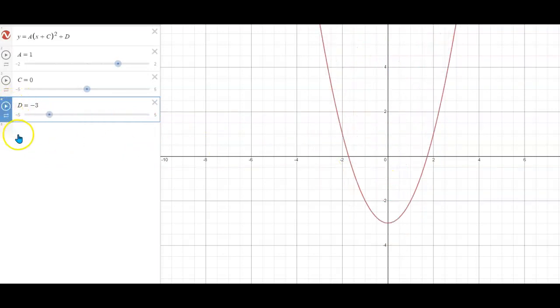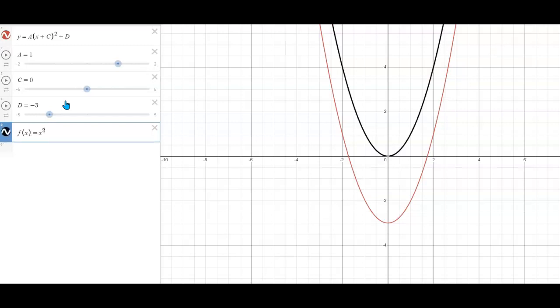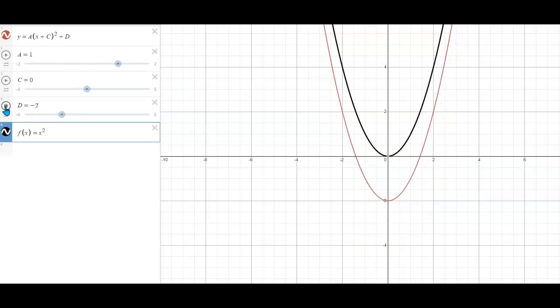So here I've got -3. Let's go ahead and put this in here: f of x equals x squared. That's the base graph. You can see I've got a -3 right here, which takes this graph, and it doesn't change its shape, it just slides it. So we're sliding it down, then sliding it up, and then bringing it back to its original position.